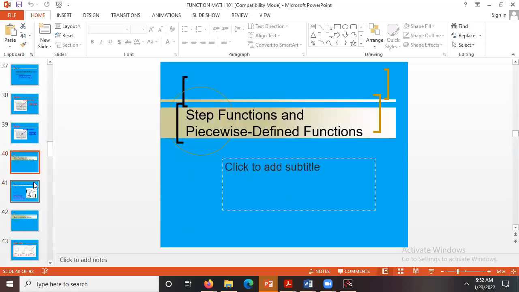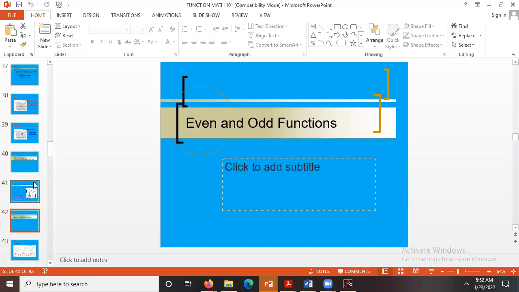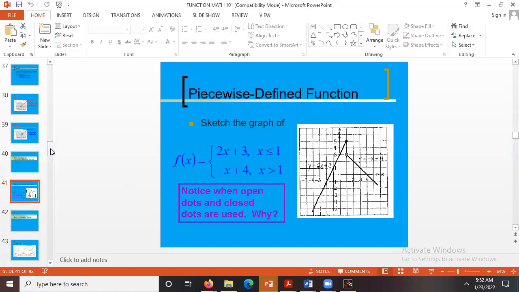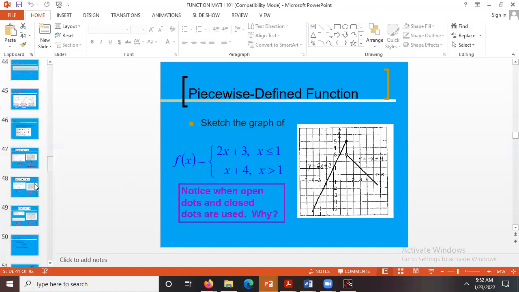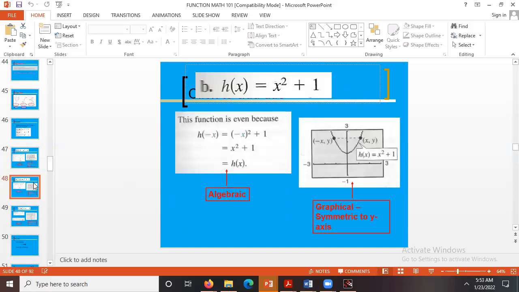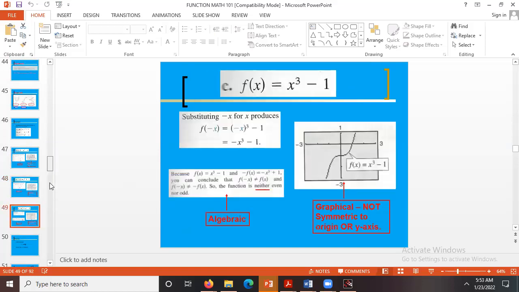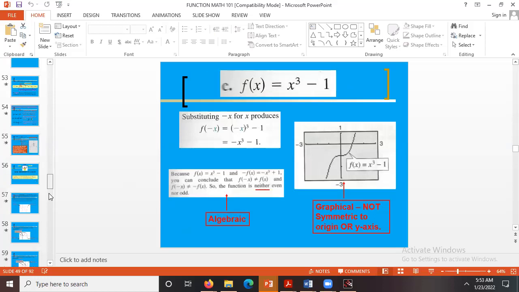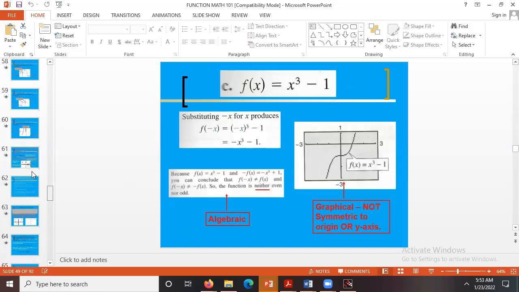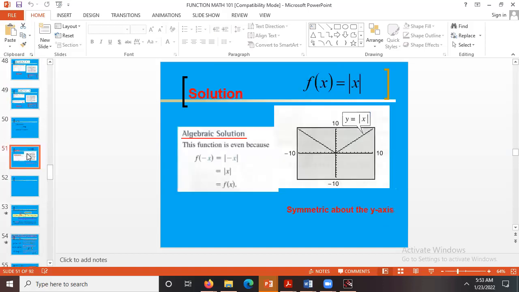What we mean by a stepwise function is, I'll just demonstrate with this one.